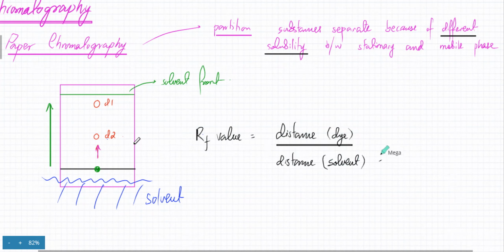For example, let's say dye 2 travels a distance of 4 centimeters and the solvent travels a distance of 10 centimeters.